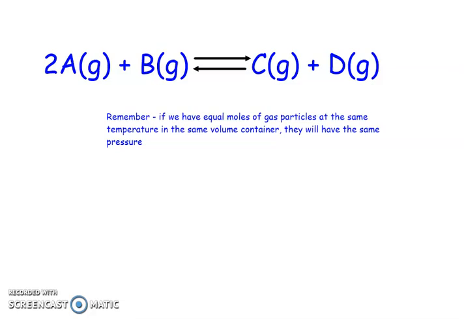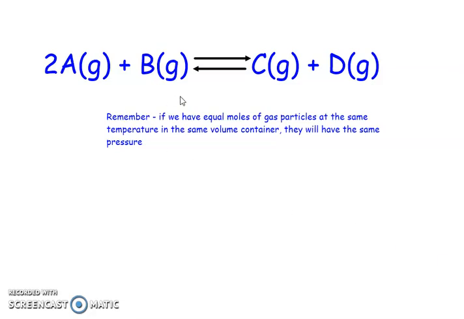The other thing that we need to look at is pressure. And it's important to remember that pressure will only affect gases. If I have equal moles of gas particles at the same temperature in the same volume container, they will have the same pressure.